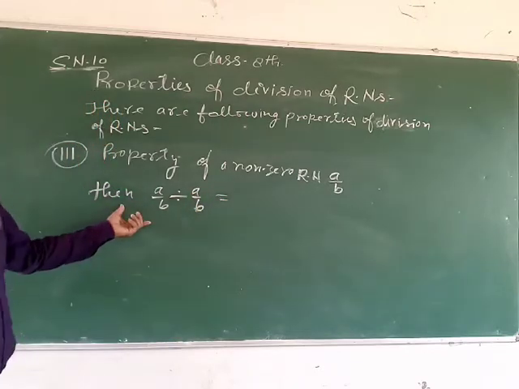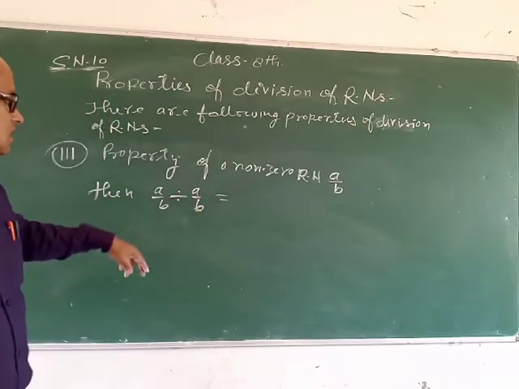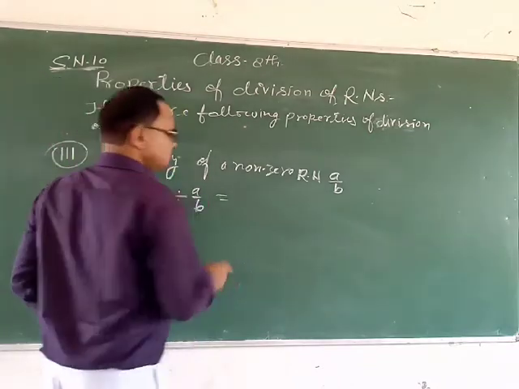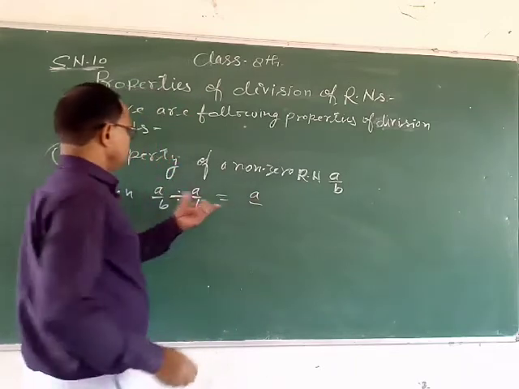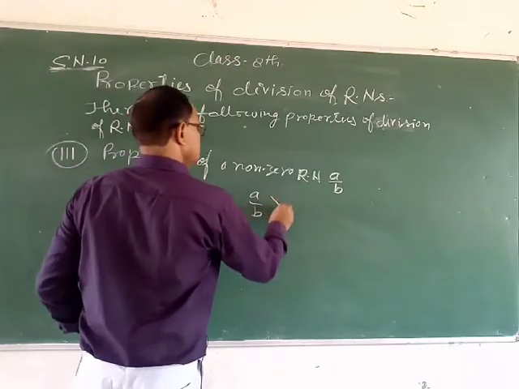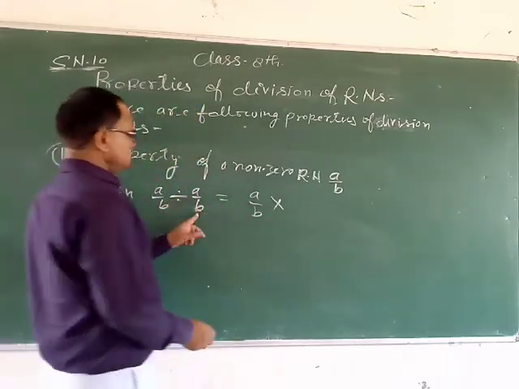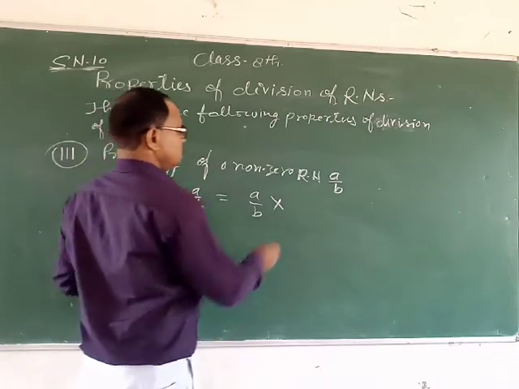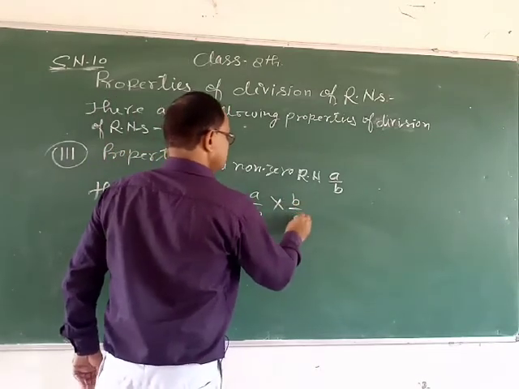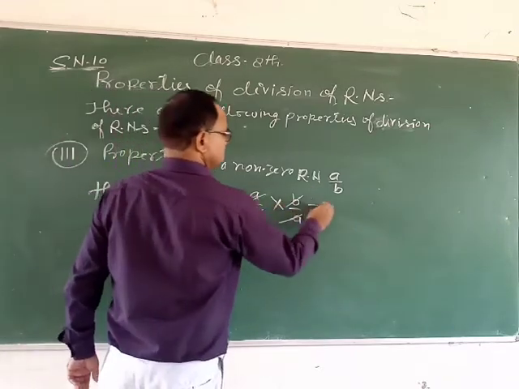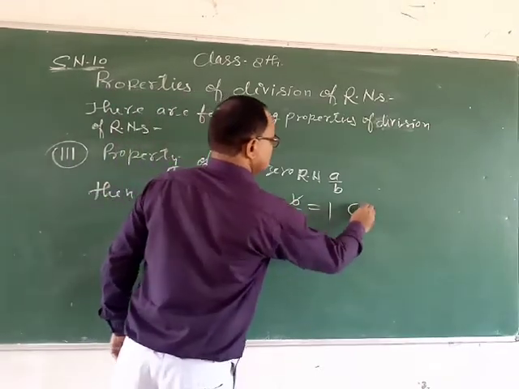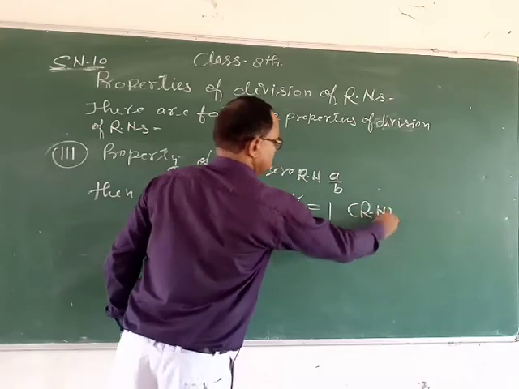If any rational number is divided by the same rational number, then we get the value 1. Look here, a/b, the sign changes, then the denominator and numerator swap, giving b/a. Okay, here b cancels b, a cancels a, and it is equal to 1.